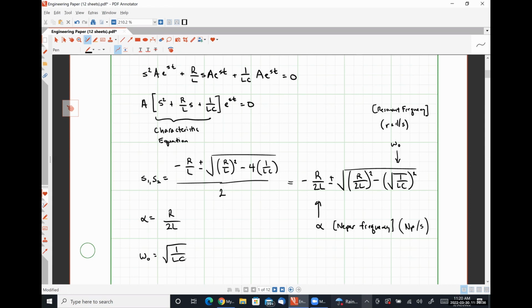The resonant frequency actually has multiple different definitions depending on what branch of engineering you're looking at, and in electrical engineering, it has different definitions depending on what application you're using. They are all actually representative of literally the exact same thing. It's just looking at it from different perspectives.